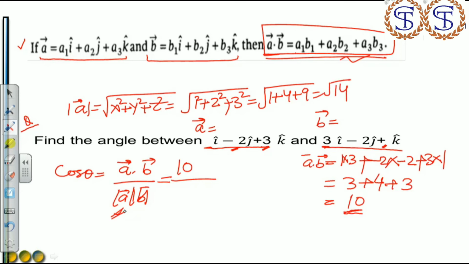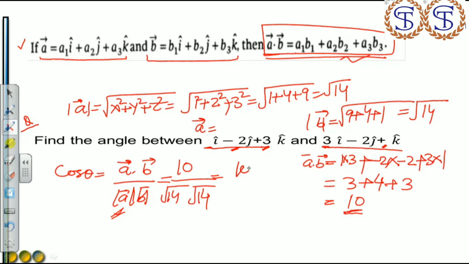Now the modulus of A is under root 14. Similarly, you can find out the modulus of B. Modulus of B is under root 3 square plus 2 square, 4, plus 1 square, and we will get 9, 1, 10 and 14. So here again it is root 14.